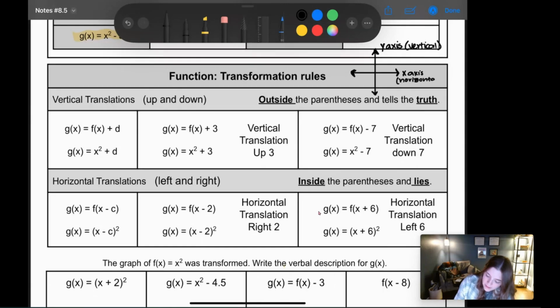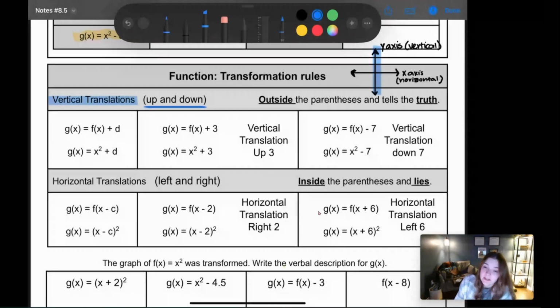So when it says vertical translation, that means it's traveling along which axis? Your y. Your vertical translation is traveling along the y-axis. It's going up and down because that's what happens on the y-axis.